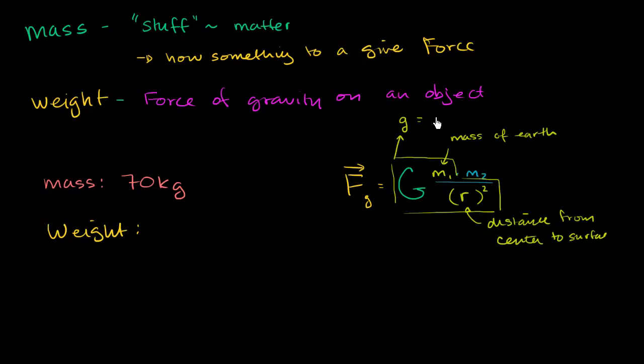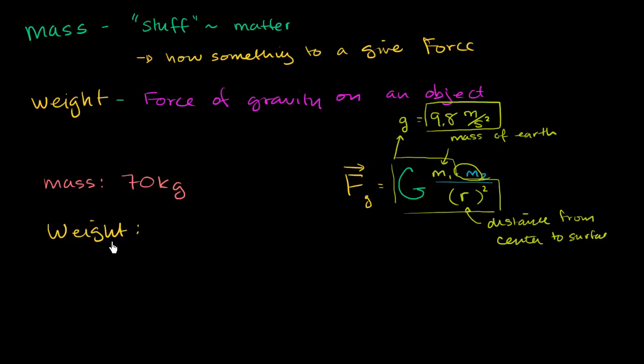And lowercase g is, and I'm just rounding it here, 9.8 meters per second squared. So the force of gravity for something near the surface of the Earth is going to be this quantity times its mass.